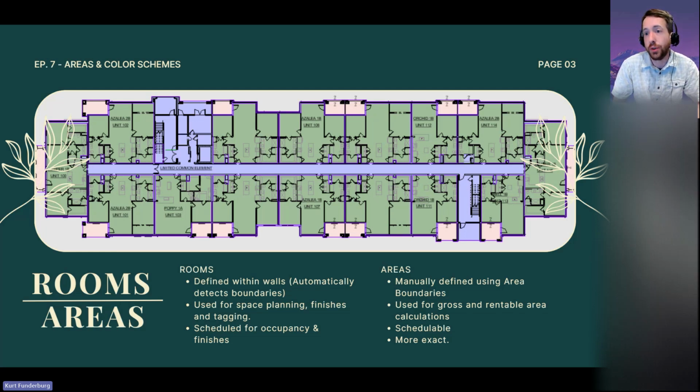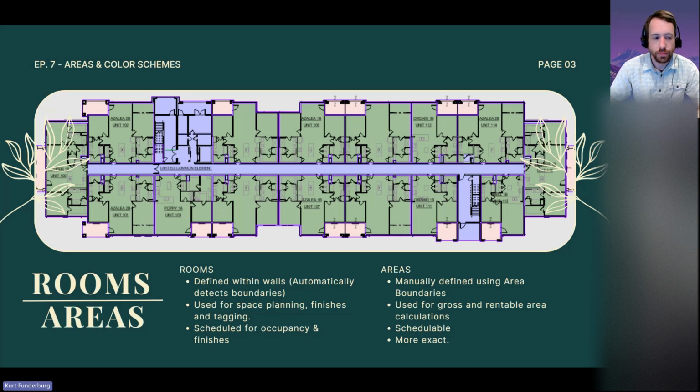But if you don't do that and a wall moves, then your areas are not updating. A room also has a volume one, so it has a height control to it. So you think of it as a spatial component, whereas an area, to your point, is like a detail line that you create something inside it that captures your areas.